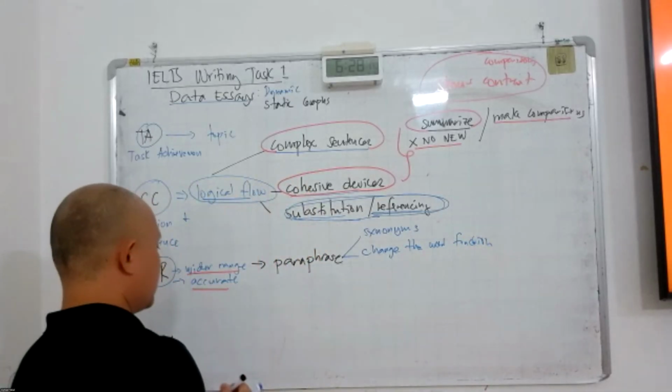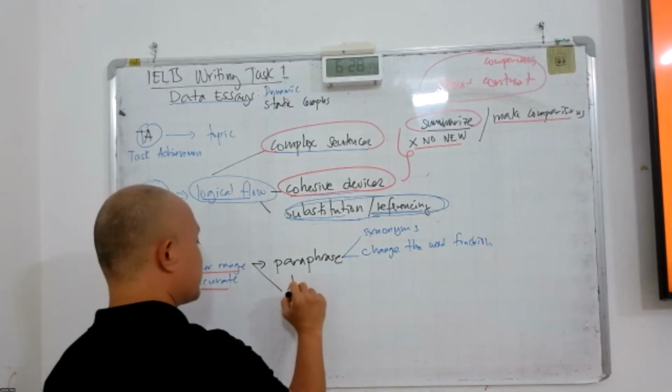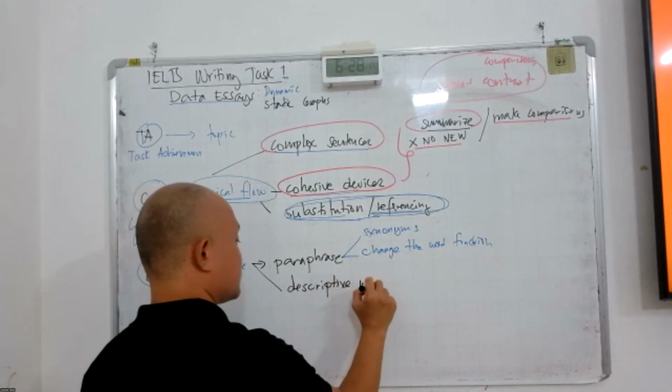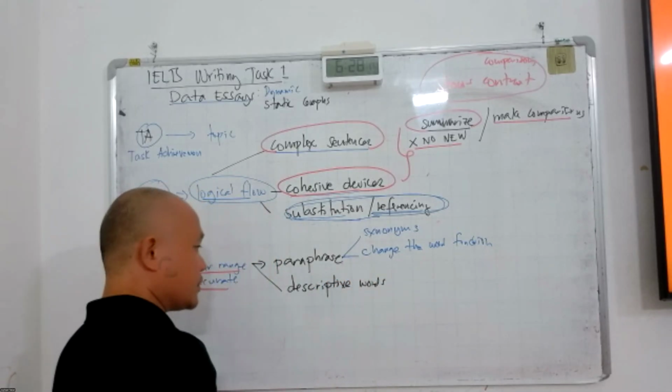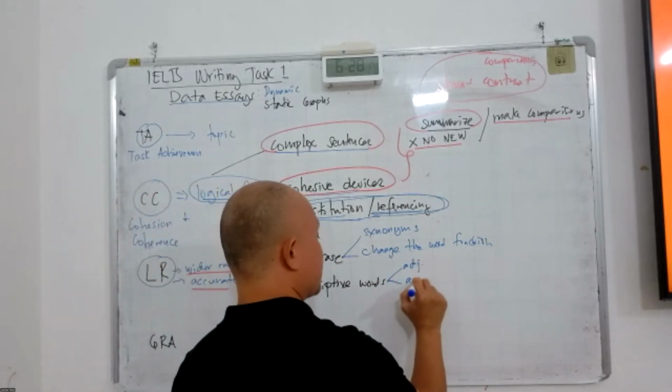Another thing for wider range is the use of descriptive words. So these descriptive words are the accurate use of adjectives and accurate use of adverbs.